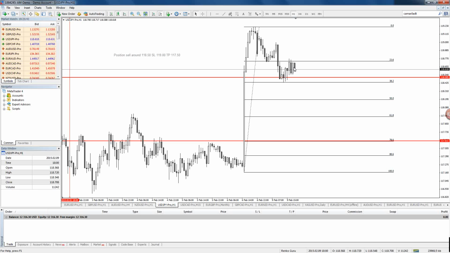It's too shallow, there is no big rejection, and this is also not a big retracement.